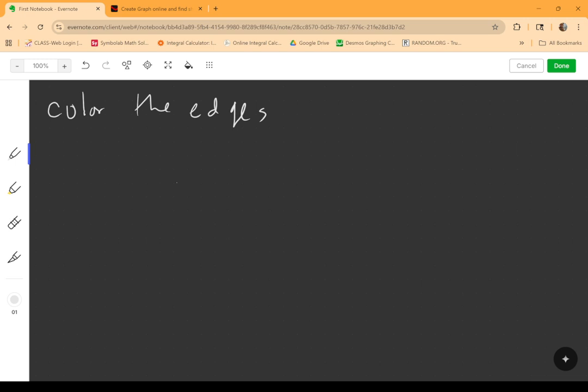All right, so when we were talking about the chromatic number of G, we said that two vertices were adjacent if they were connected by an edge. So if we call this vertex 1, vertex 2, they were adjacent if they were connected by an edge.